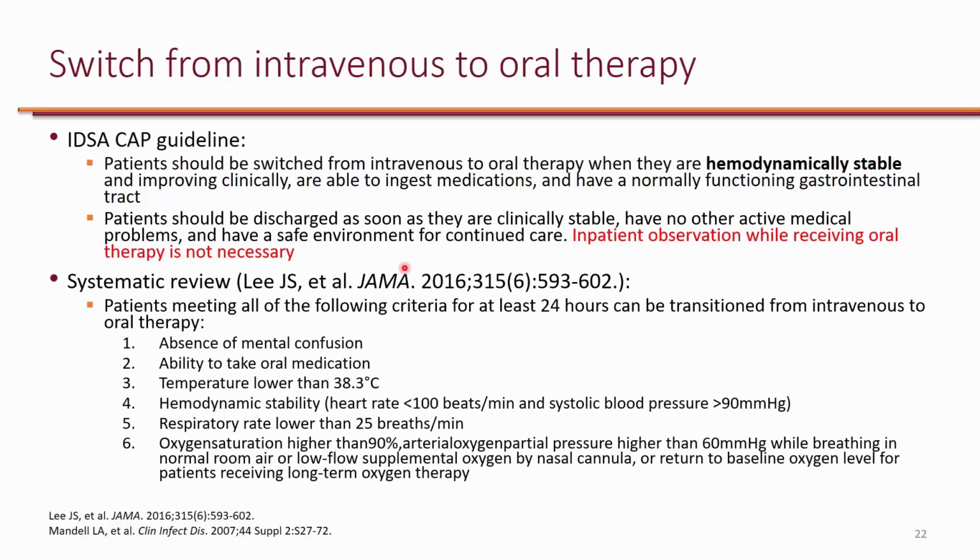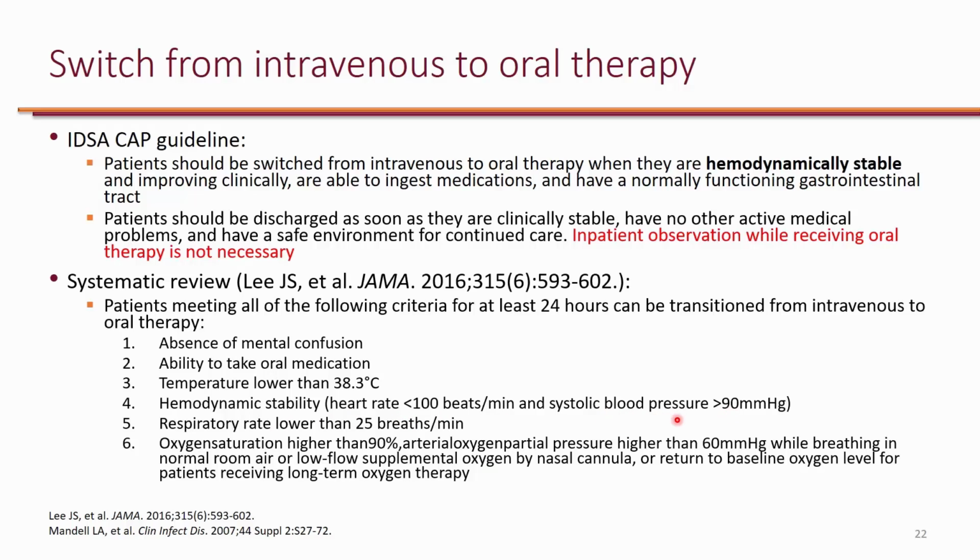There was a systematic review published in JAMA in 2016 that looked at the evidence for criteria helping transition patients from IV to PO. Basically, absence of mental confusion, ability to take oral medications, absence of fever, and hemodynamic stability, which is defined as heart rate less than 100 and systolic blood pressure greater than 90.